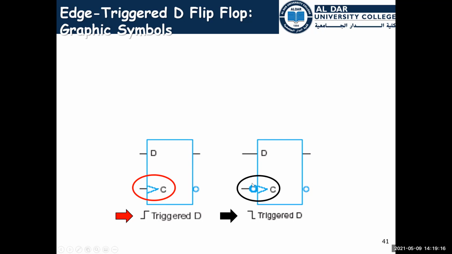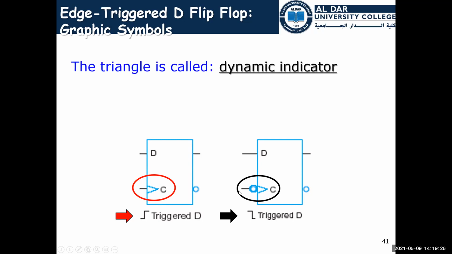As you see, we have a bubble here, meaning it is triggered at the negative edge. And the triangle is called the dynamic indicator, meaning it is going to change whenever an edge trigger like this happens.